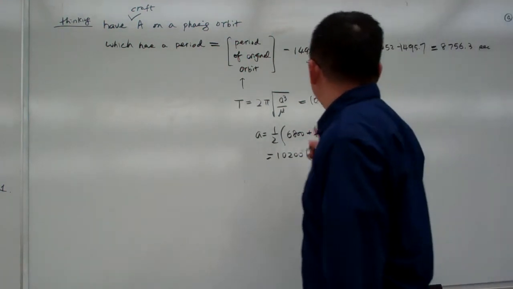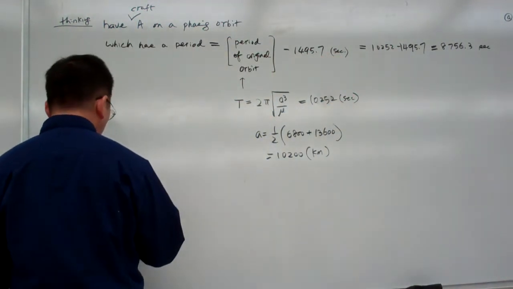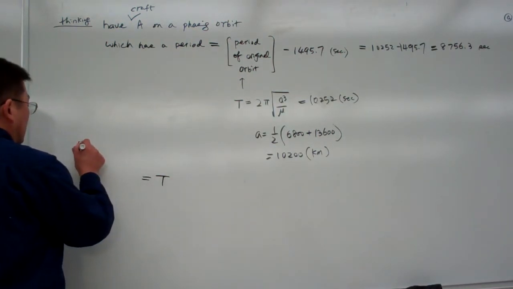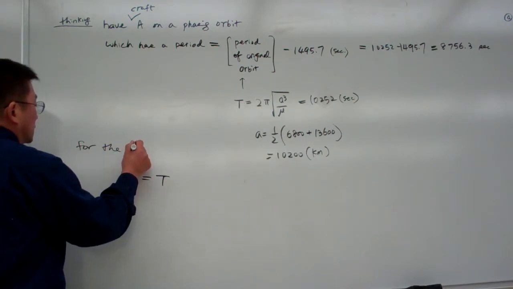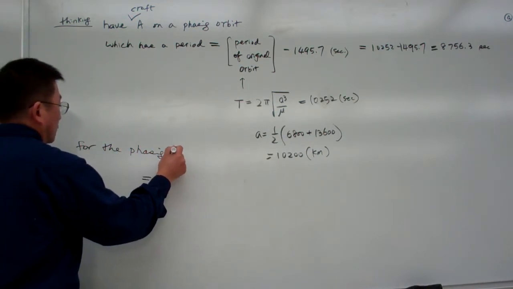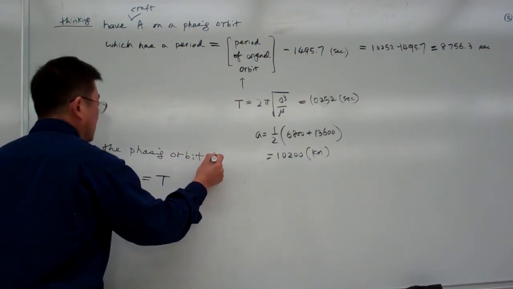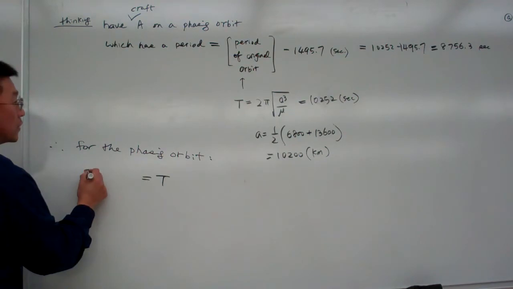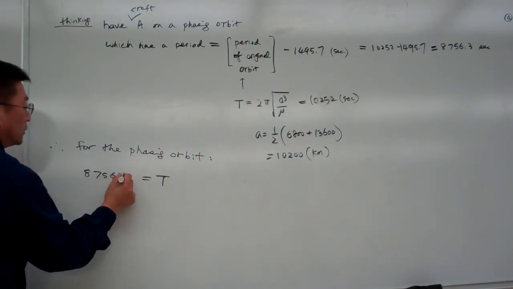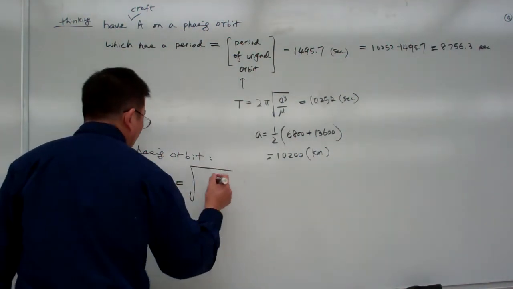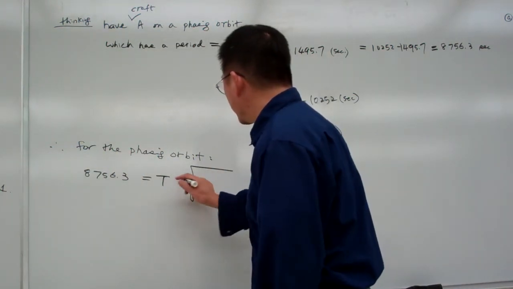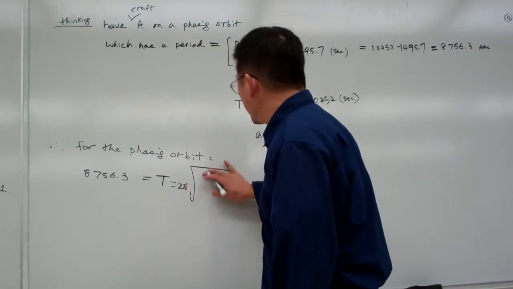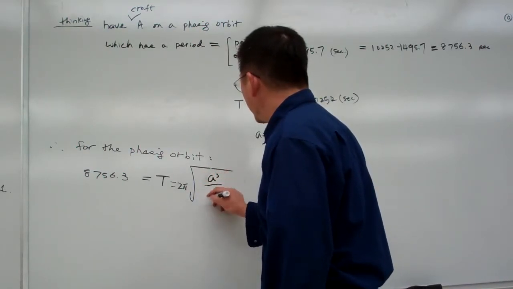Therefore, from this hint, again we apply the period formula for the phasing orbit. We have the period equal to 8756.3, and from there we can determine the size of the orbit, because we know that T equals 2 pi square root of a cubed divided by mu.